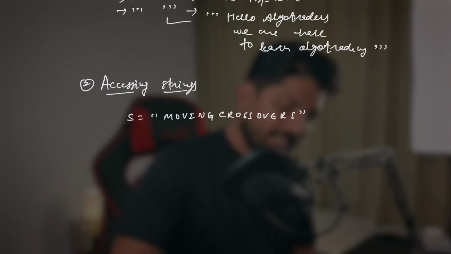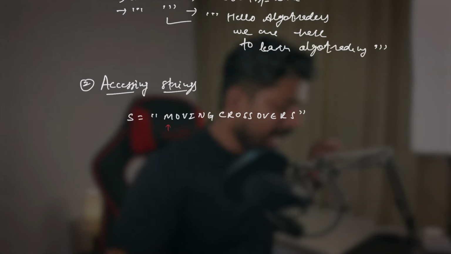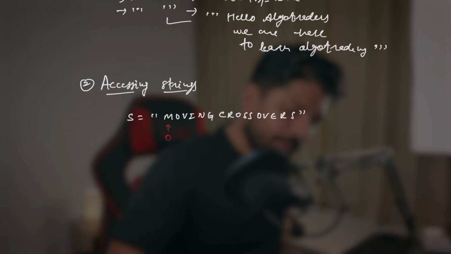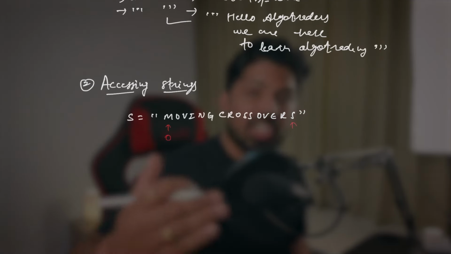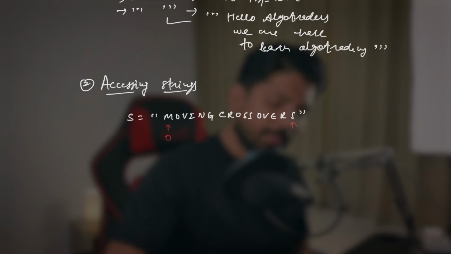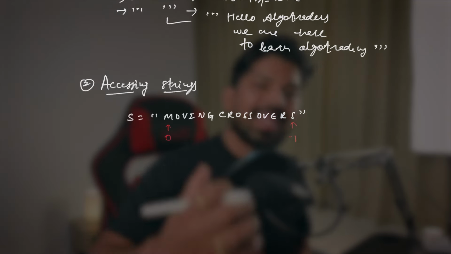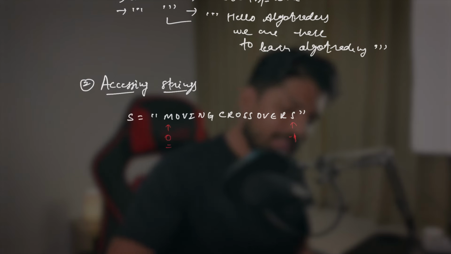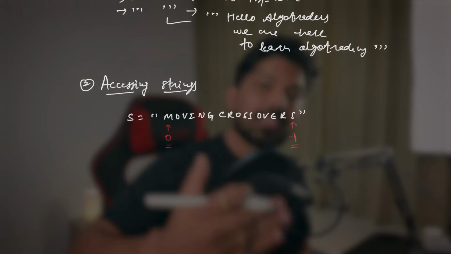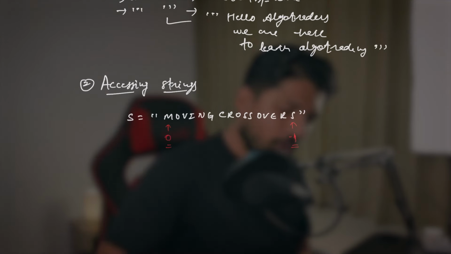Here we can say that this m is at index 0, and this is at the last. We don't know what the index is, but we know it is at the last. In Python, when you have a large string, you can simply say that the last character will be at index -1. So you can blindly say the first will be 0 and the last will be -1. That is the indexing system of Python.